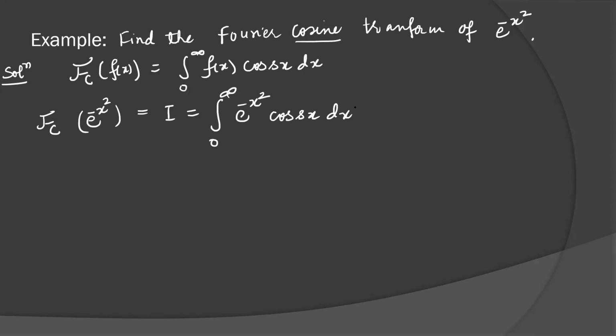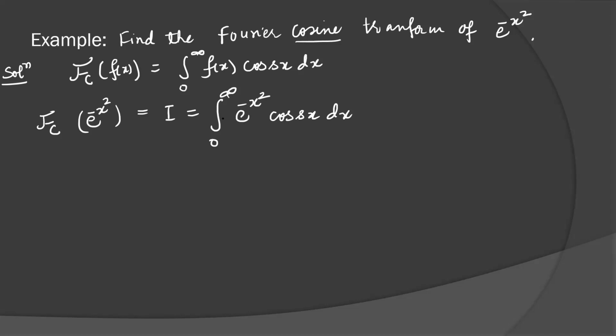Now this integration is very difficult, because if you assume x square equal to t, then its derivative must be present here. But its derivative is not present here. Because the derivative of x square is 2x, I need a 2x multiple here.